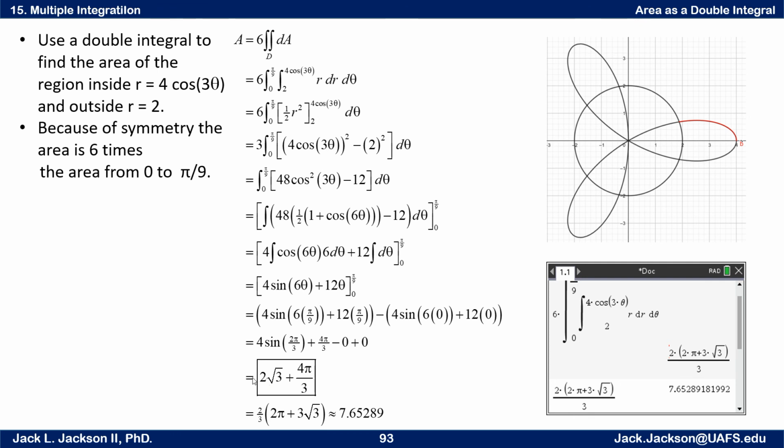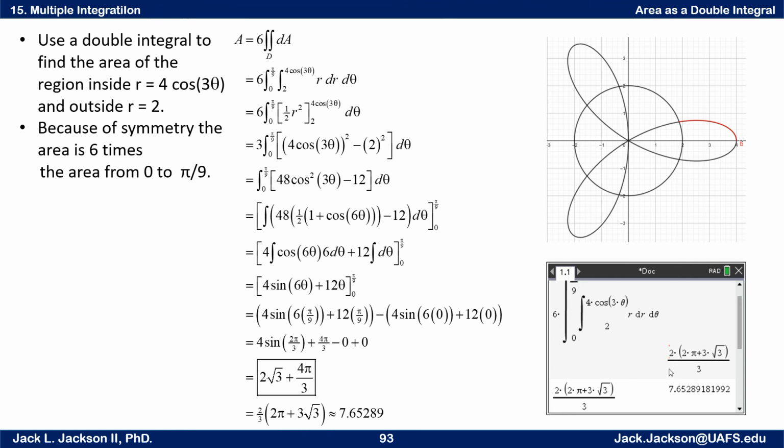If we wanted to factor out a 2/3, or in other words, essentially get a common denominator, then we'd be left with, I'll switch the order, 2 pi plus 3 square root of 3 times the 2/3. Either way, you get approximately 7.65289. I'll use this one I've got boxed in as my exact answer.